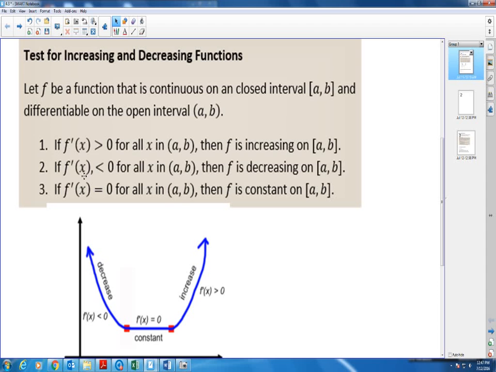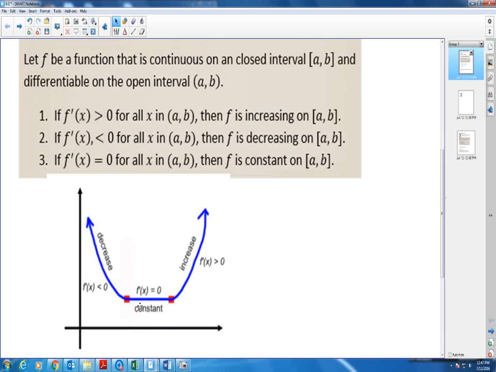If f prime of x is less than 0, that means the function is decreasing. If f prime of x is equal to 0 from a to b, that means f is constant on that interval.